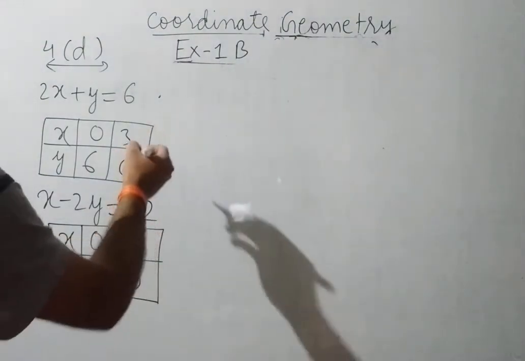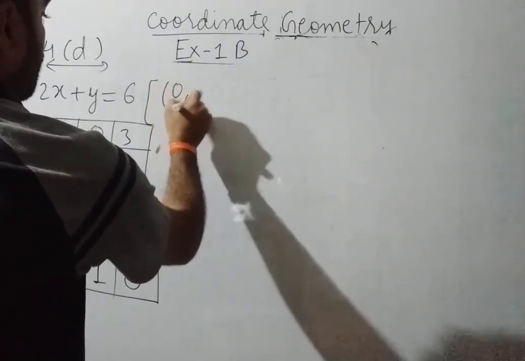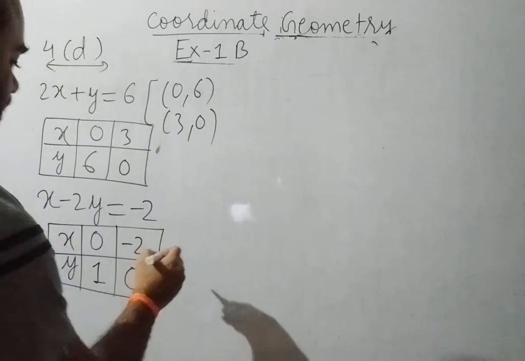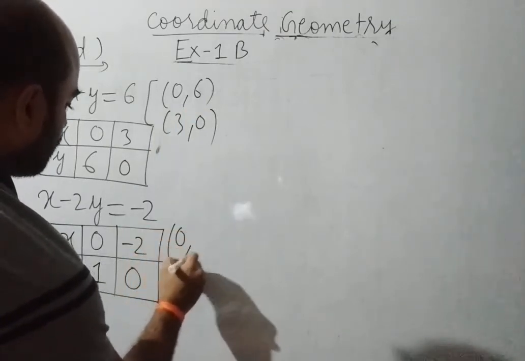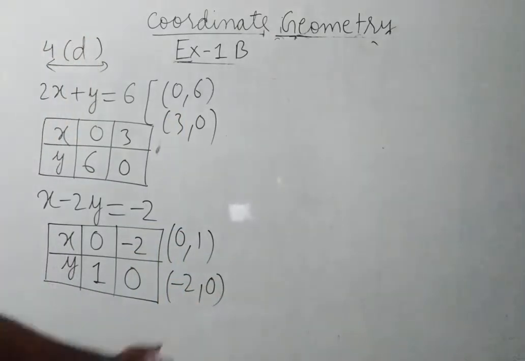Next we are going to plot. So the first points are 0, 6 and 3, 0. Here, 0, 1 and minus 2, 0. So these are the 2 points.